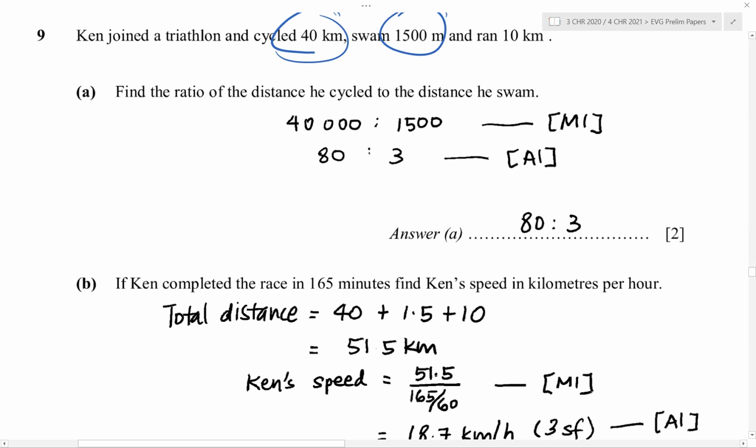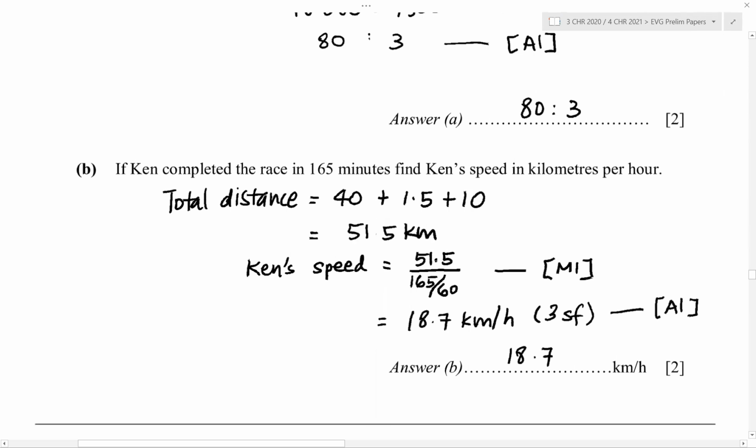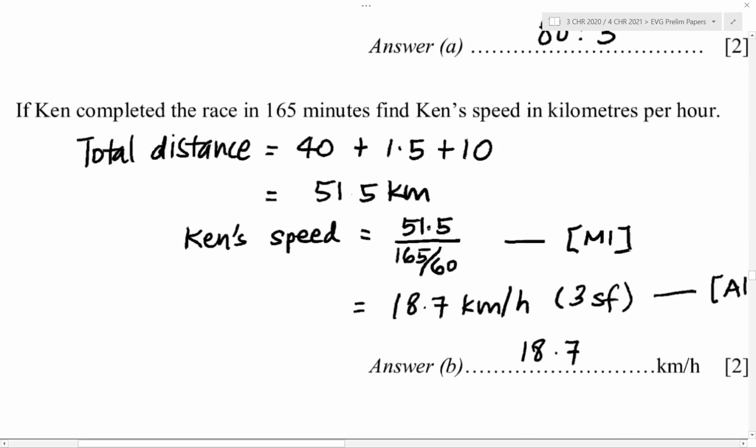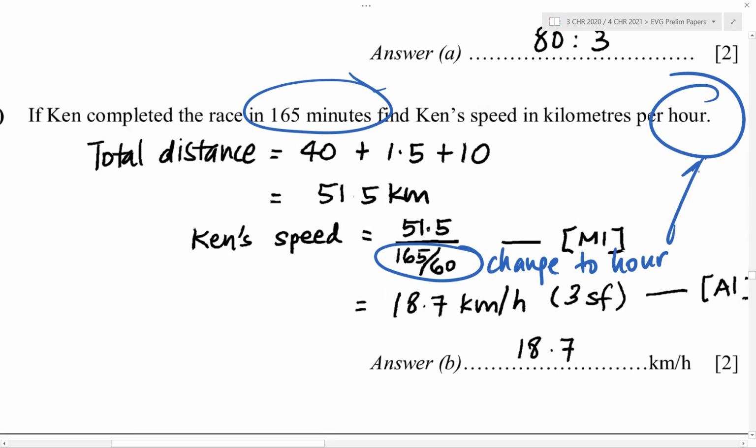Then it's wrong. It must be a whole number. Cannot be a fraction, cannot be a decimal. Because changing to hour, 165 is minutes, so we need to change to hour. Because they wanted it in per hour. Or you can do it separately also.